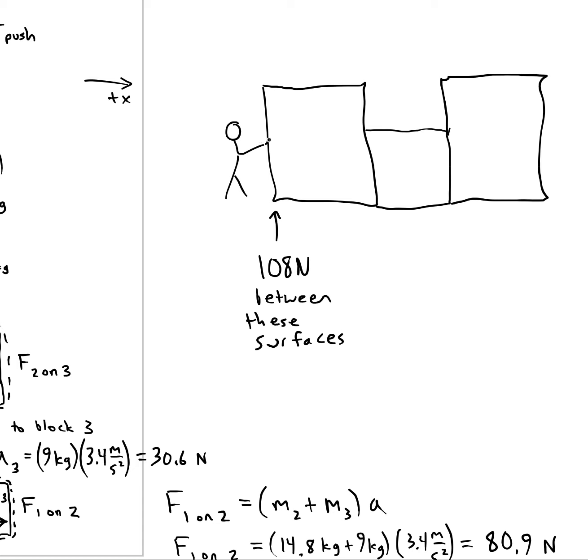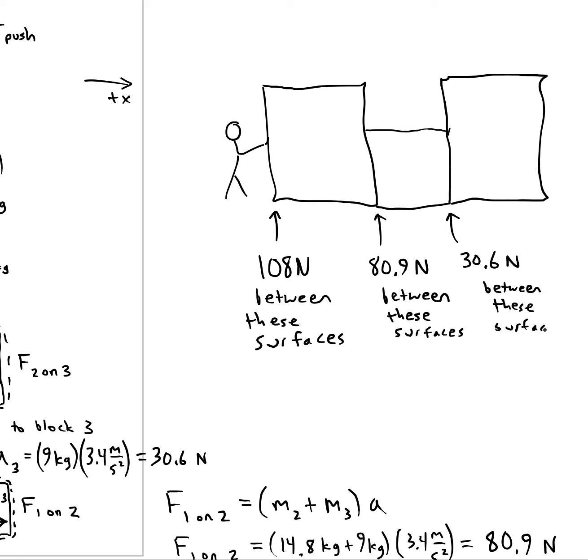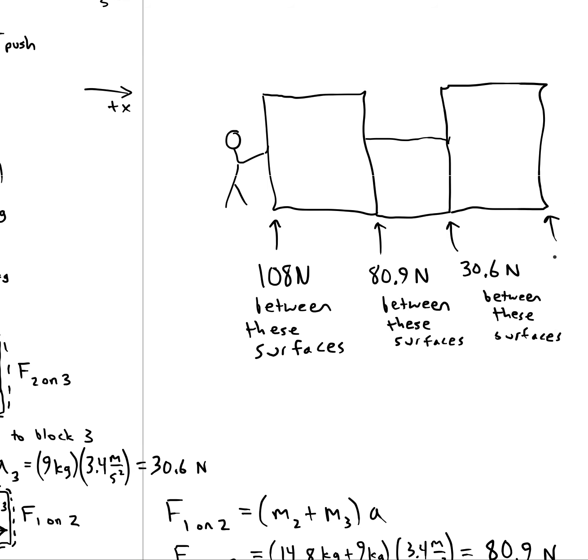I mean the hands and the side of the block. Then we're going to have 80.9 newtons between these surfaces. And we'll have 30.6 newtons between these. And at the very edge, the leading edge of the block, 0 newtons, because there's nothing in the way.